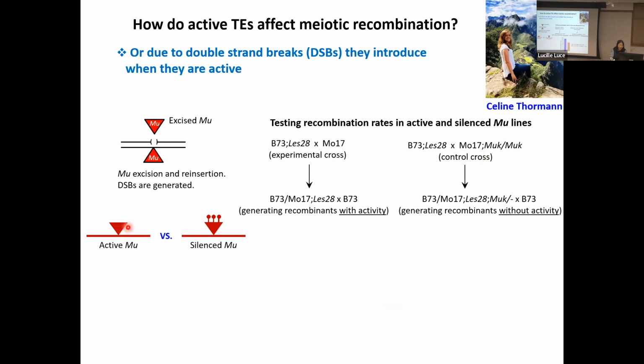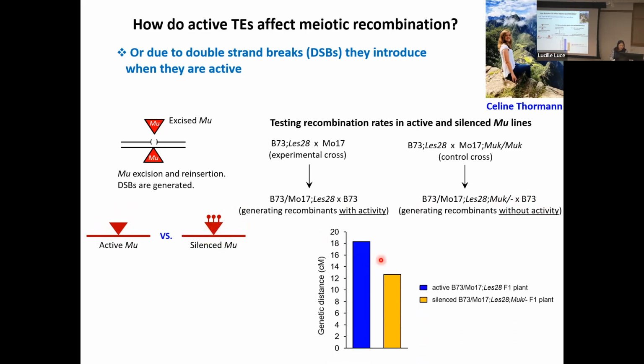Genetically they are identical, because the insertion is in the active population and also in the silenced population. So we can examine the recombination around this active Mu insertion and compare it with the recombination around this silenced transposon.